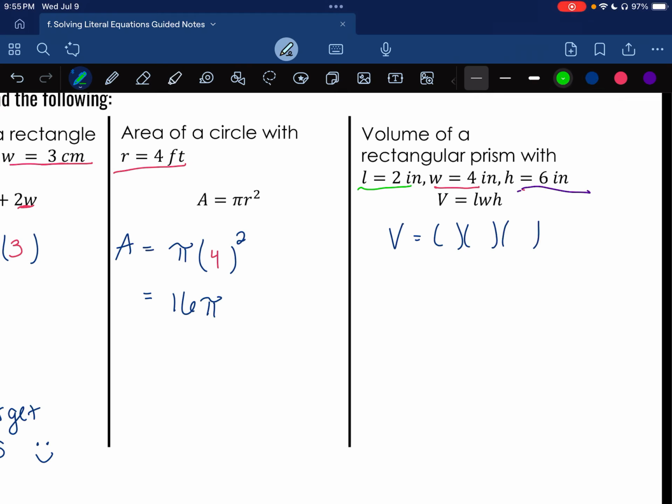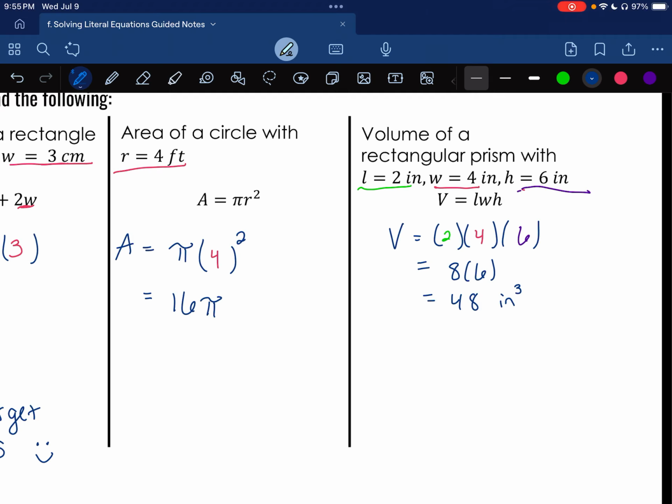So we've got length 2, width of 4, height of 6. So 2 times 4 is 8, times 6 is 48 inches, and this will be inches cubed.